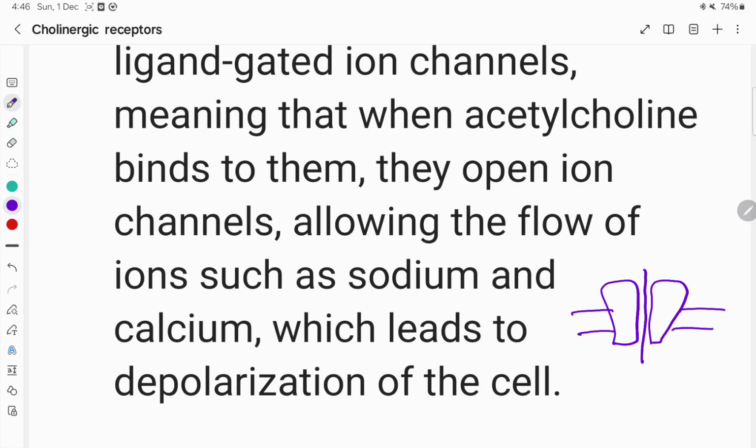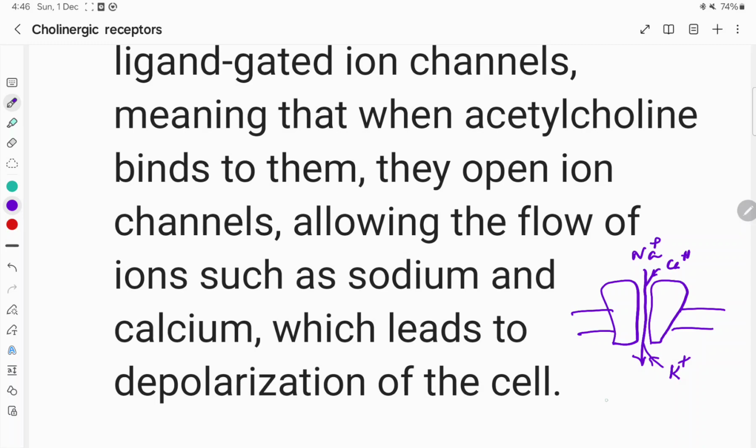Mostly the cation involved is sodium, and there can also be influx of calcium, and there can also be efflux of potassium, because potassium is more intracellular, while sodium and calcium are more extracellular.